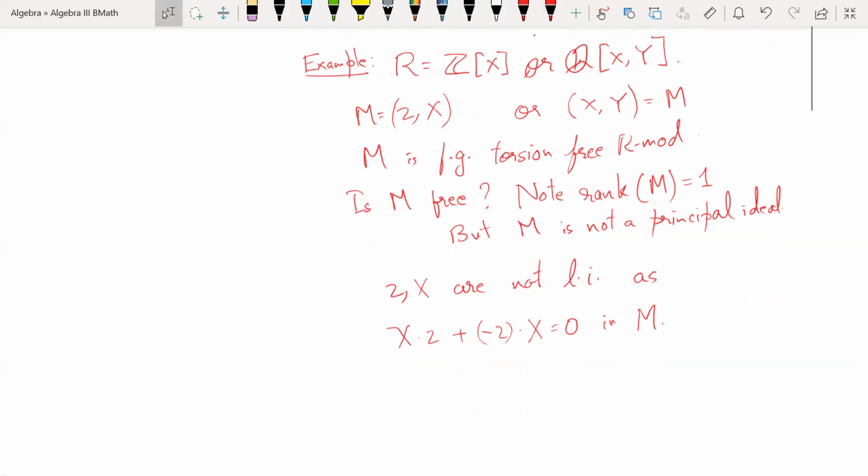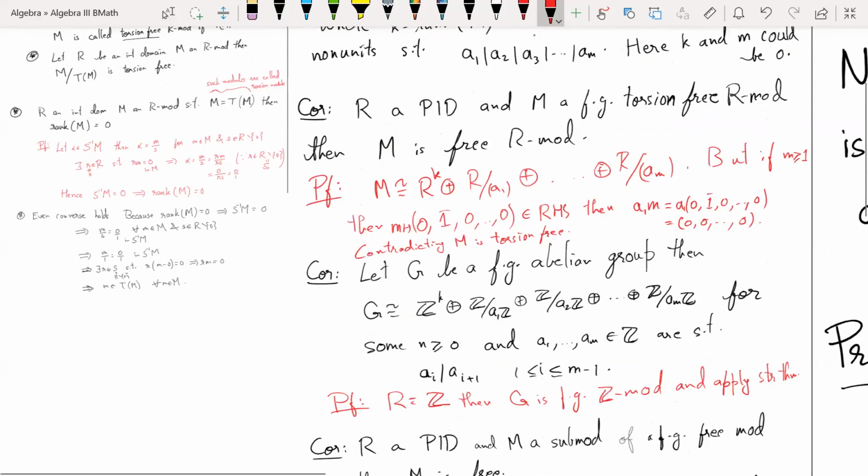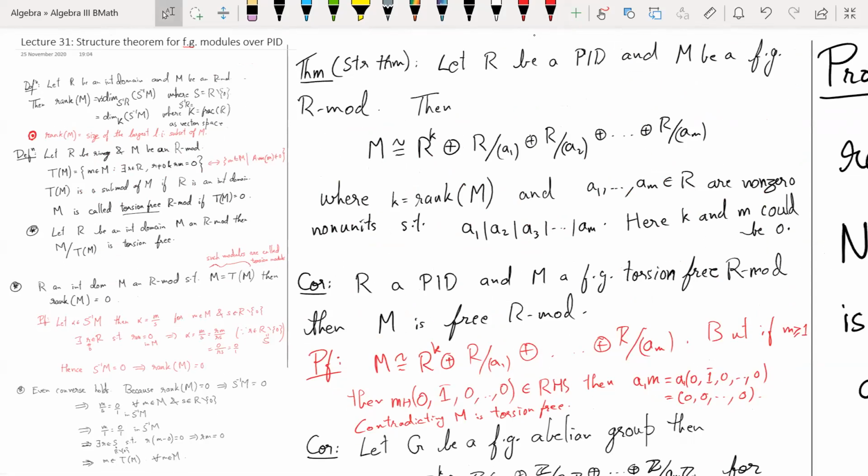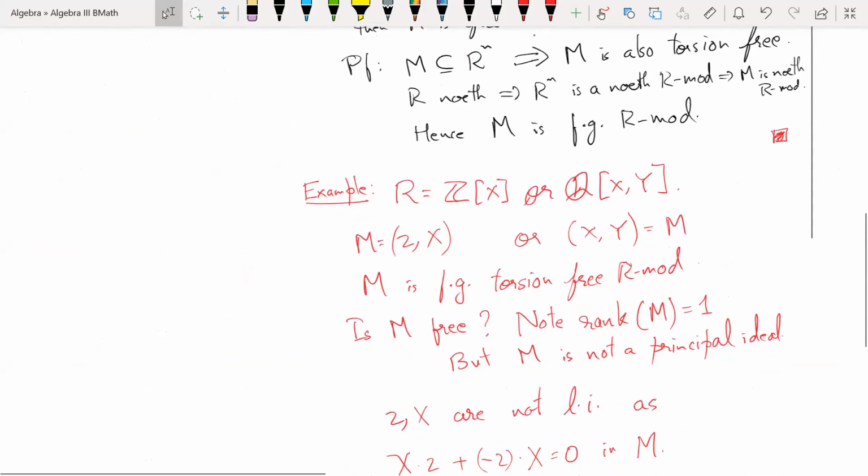So being free is a very special property. Torsion-free is not that special, it's an easy property to check. So in that light, this theorem becomes even more amazing. You just have to check whether the module is torsion free or not, and then you can conclude that it's a free module. So it's a very important result.